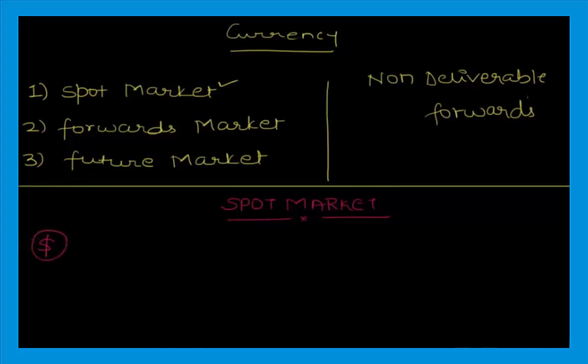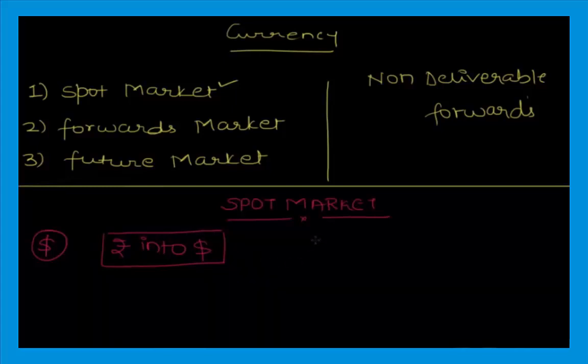Now, how do you, as a resident of India, get enough dollars to spend in the US? The first thing you would want to do is convert the rupees that you currently have into dollars. How do you convert rupees into dollars? At the airport, you must have seen a lot of offices saying currency converters.